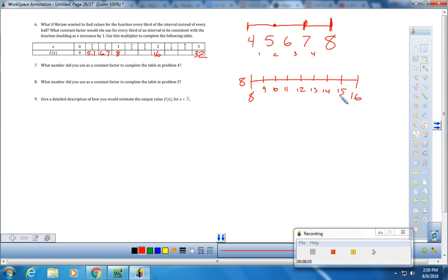So a third of the way. How many spaces are there? 1, 2, 3, 4, 5, 6, 7, 8. A third of 8 is a little less than 3, so it'll be here. And a little less than 3, about here. So I think we're like 10.7 and 13.5.